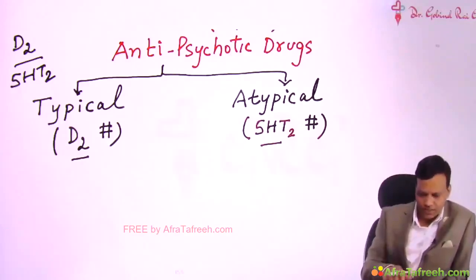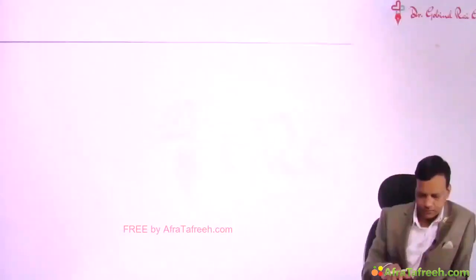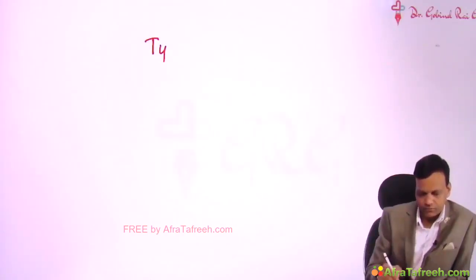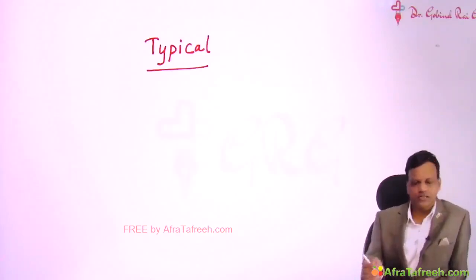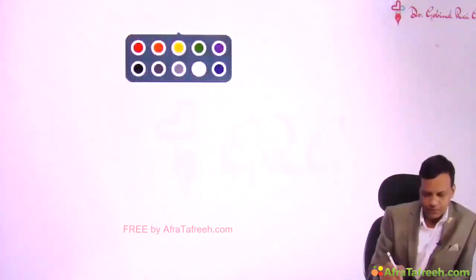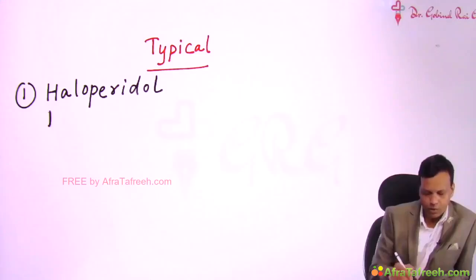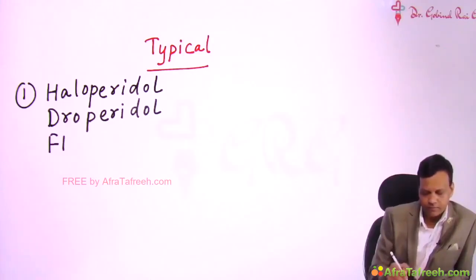So we'll start with the typical antipsychotic drugs. Typical antipsychotic drugs are of three types. The first group is the haloperidol group of drugs, like haloperidol, droperidol, and fluphenazine type drugs.